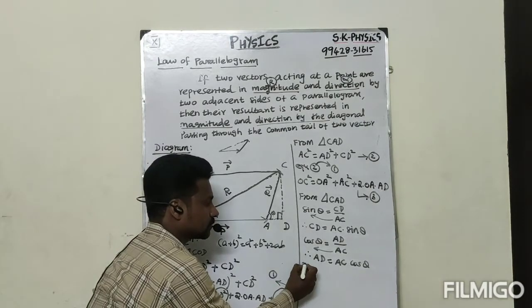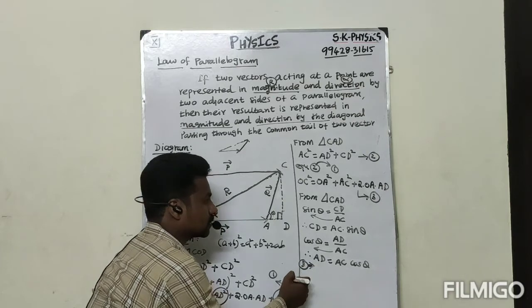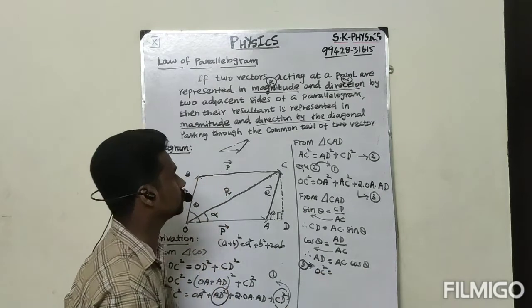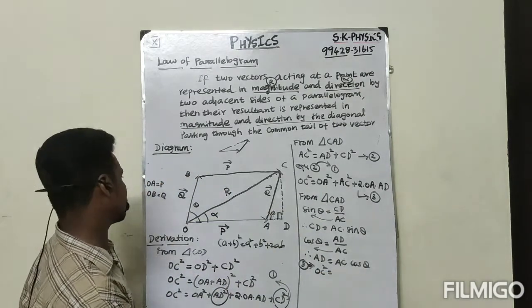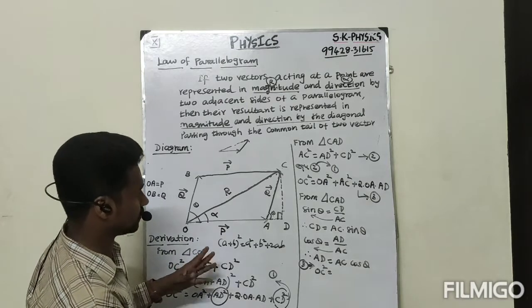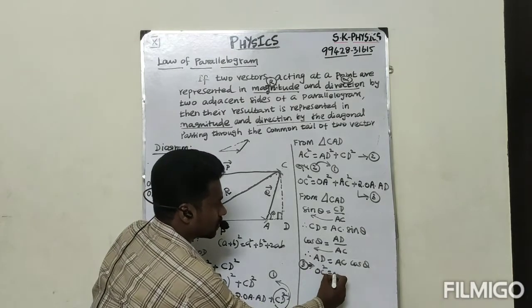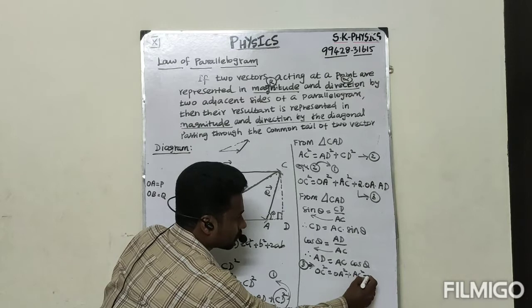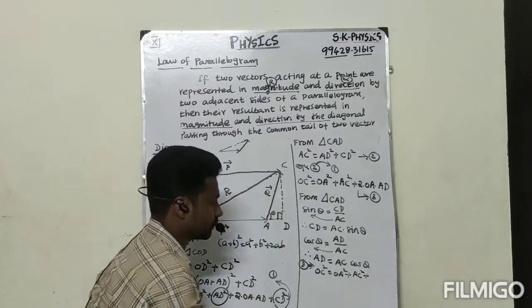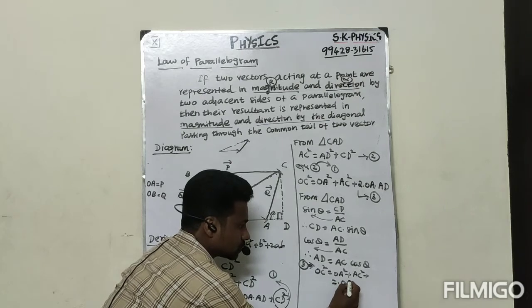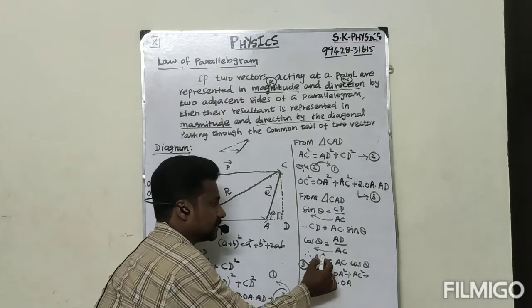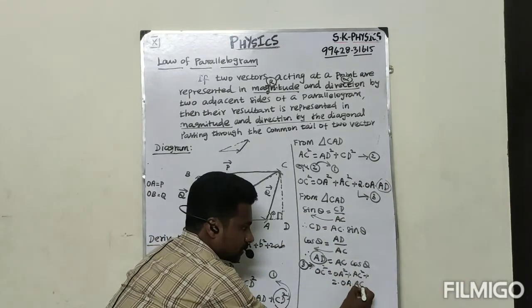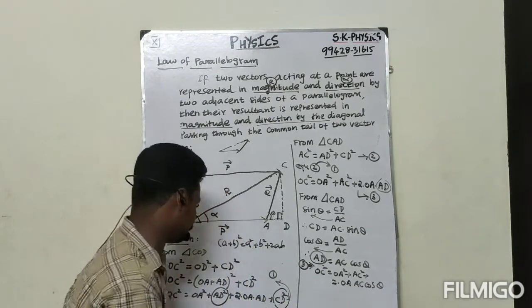So equation number 3 becomes OC squared equal to OA squared plus AC squared plus 2 into OA into AD, and this AD is AC cos theta.